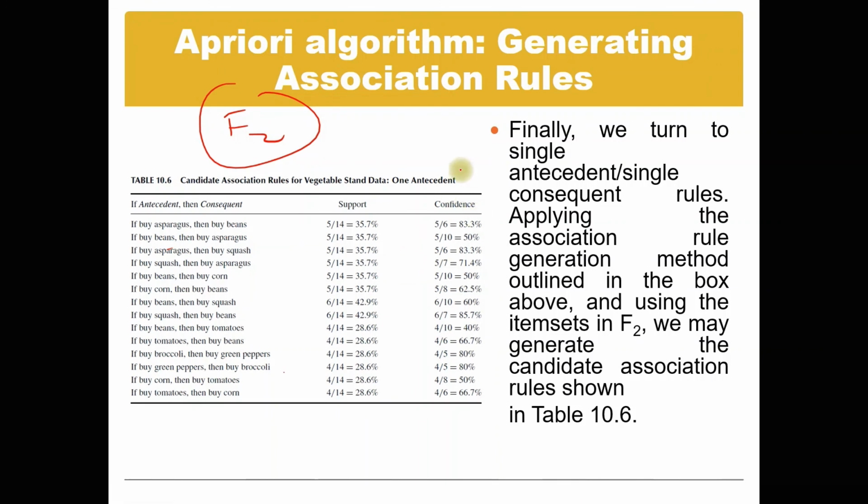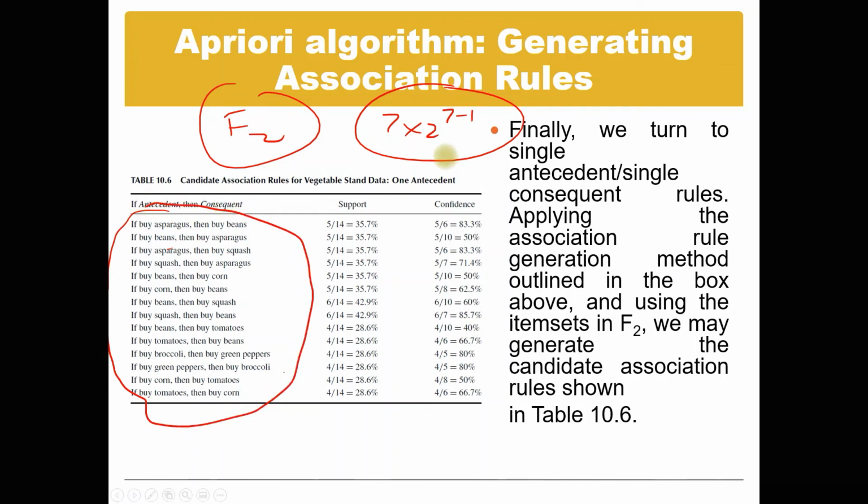But out of all these possible rules, 7 times 2 power 6, which is a big number, you have only those few rules that have been derived. And these few rules are the strong rules that you have.